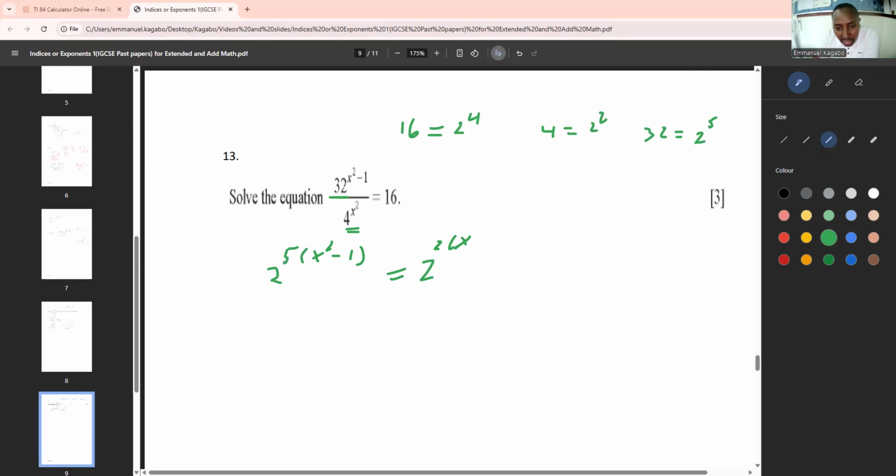Good. Now here it will be 2 power 2 bracket x squared. I did cross multiplication, guys. I can write it like this. There's no problem about that. This is x squared. Now 2 power 4. All together, guys. Good.